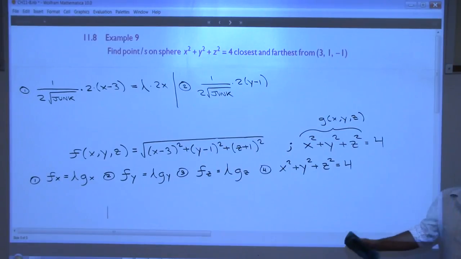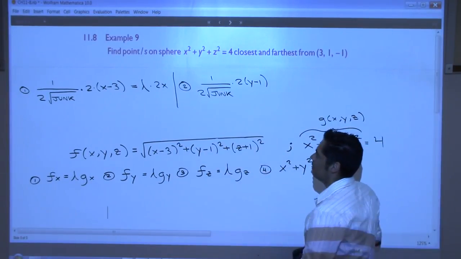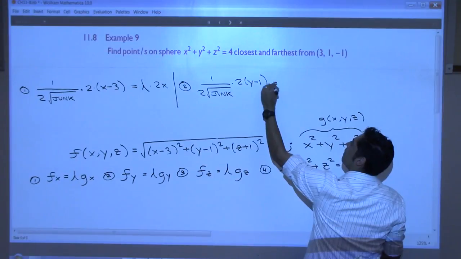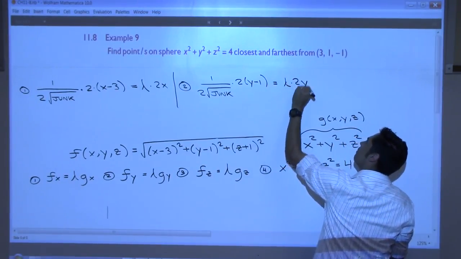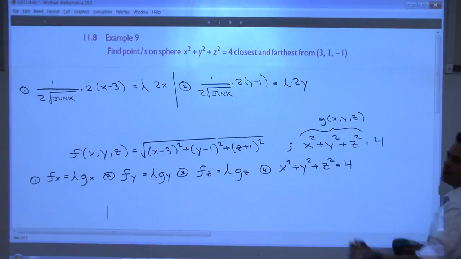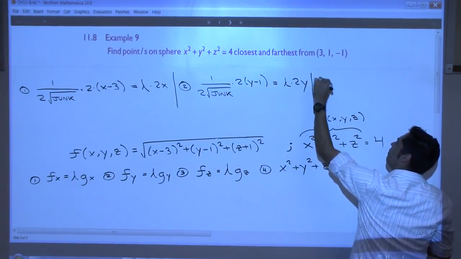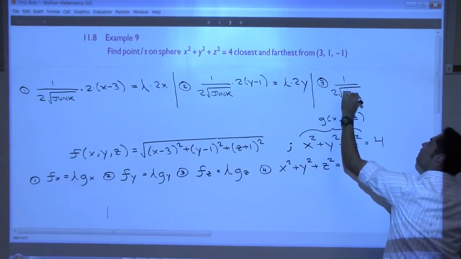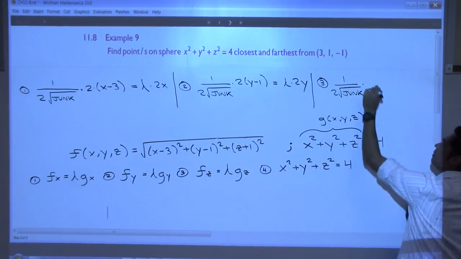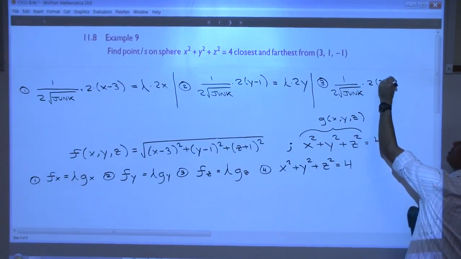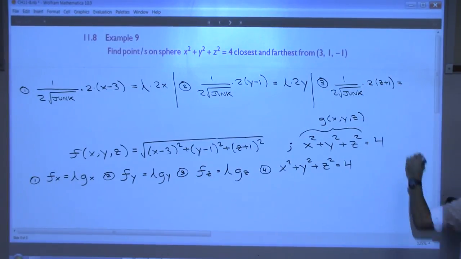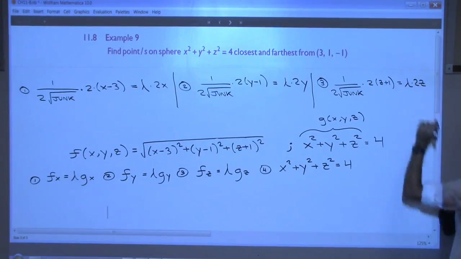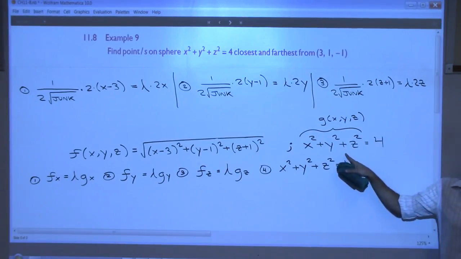Equals lambda times 2y. Third equation. 1 over 2 root junk times 2 times z plus 1 must equal lambda times 2z. And then the fourth equation, remember, is this one, right? Let's just not forget that's our fourth equation.